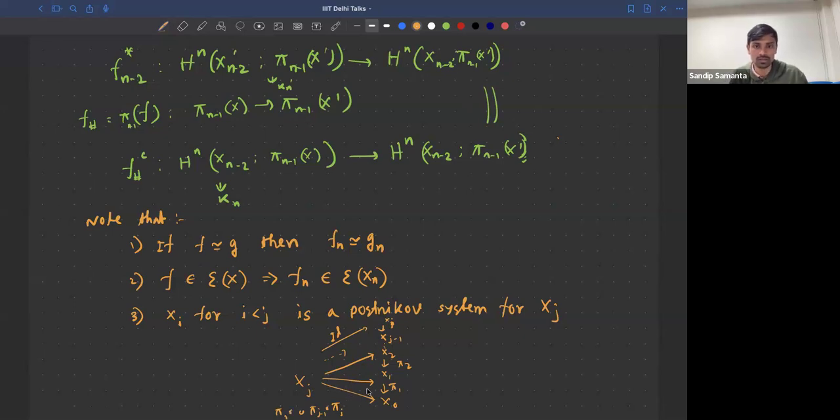And here it needs to land in X_1, so it's X_j through this till pi_2.